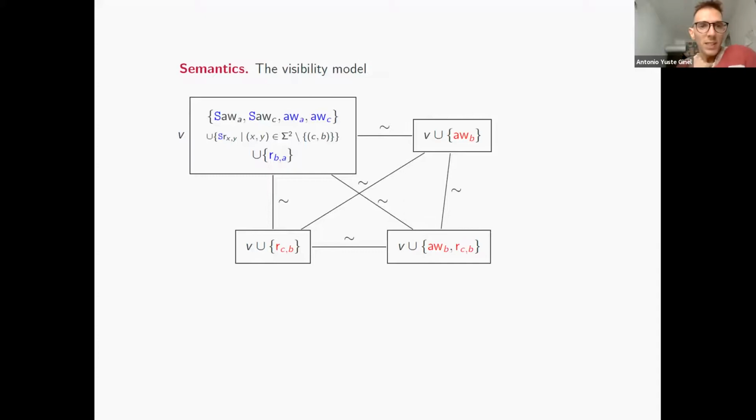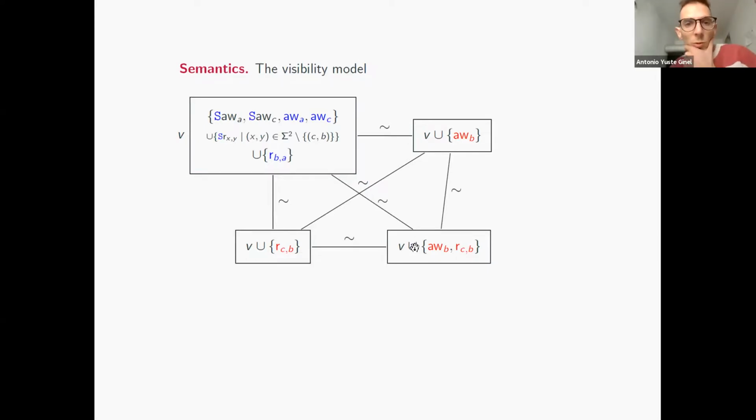The semantics of this epistemic logic of visibility resembles Kripke semantics. But here the possible worlds are determined by propositional valuations, so by sets of atoms of the logic, and the indistinguishability relation, which we call the visibility relation, is computed from the contents of each valuation.